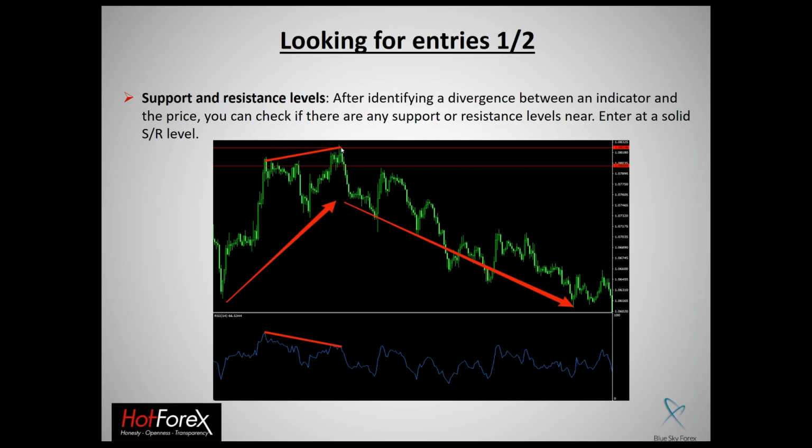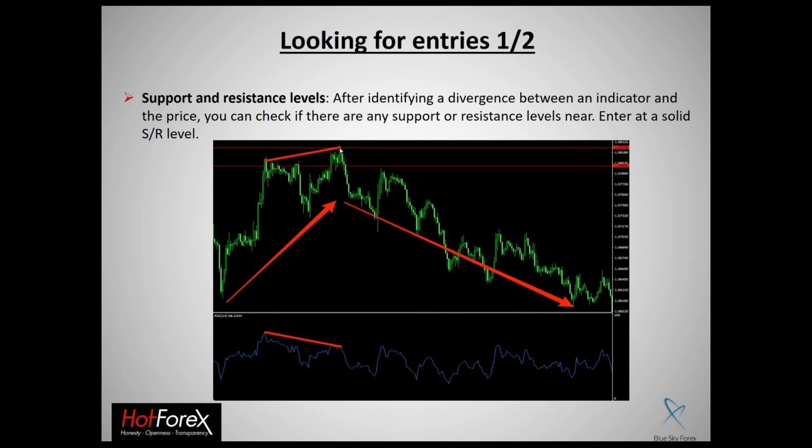Now, how can you use the support resistance levels in conjunction in your trade entries? If you see the divergence forming near a significant strong support resistance level like here, you can observe and start to time your entries at those levels.